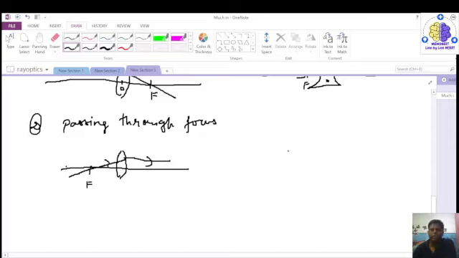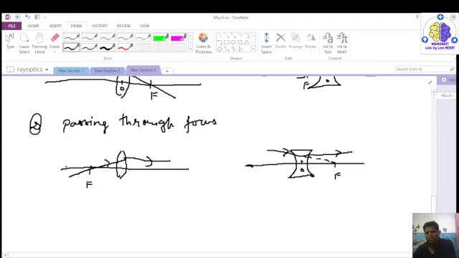Similarly, for a concave lens, if this is the principal axis, this is the optical center, and this is the focus, a light ray incident as if it was coming from the focus, after refraction, will travel parallel to the principal axis.